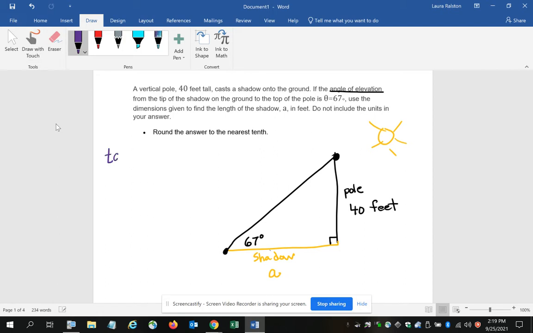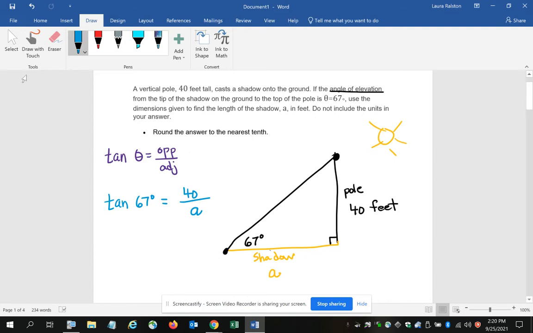I'm going to use tangent because the tangent of an angle is opposite over adjacent. Using that relationship, I'm going to substitute my information. So I would have the tangent of 67 degrees is the opposite divided by the adjacent, which is what we're looking for.